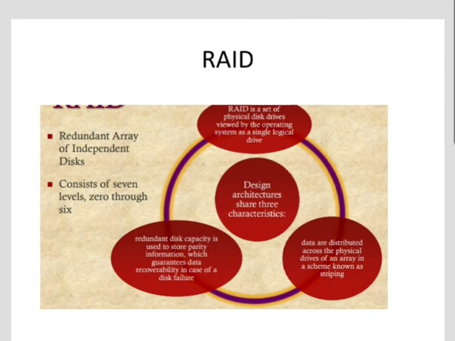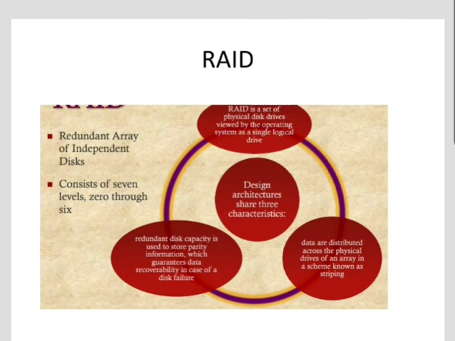Here, the data are distributed across the physical drives of an array in a scheme known as striping. The redundant disk capacity is used to store the parity information, which guarantees the data recoverability in case of disk failure.